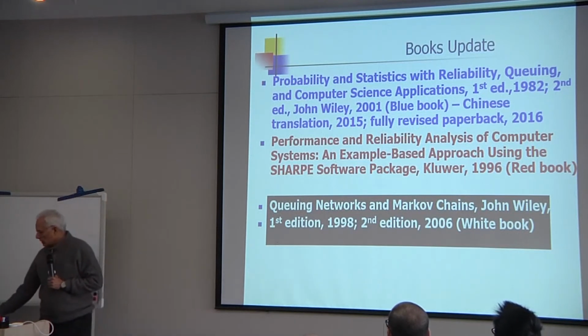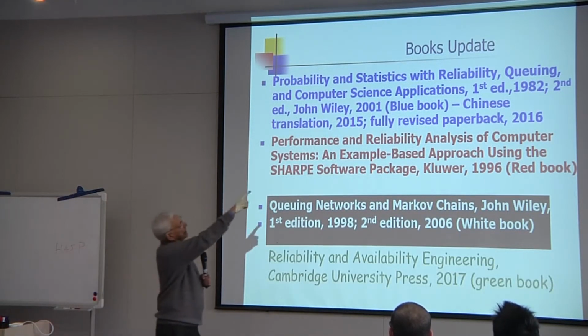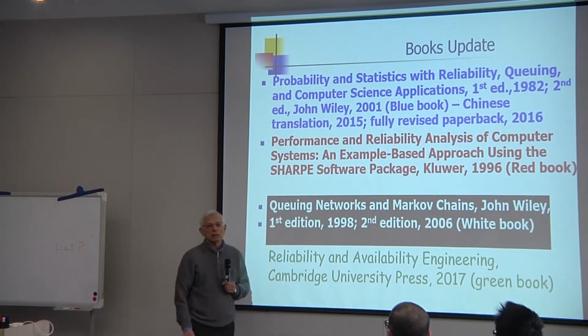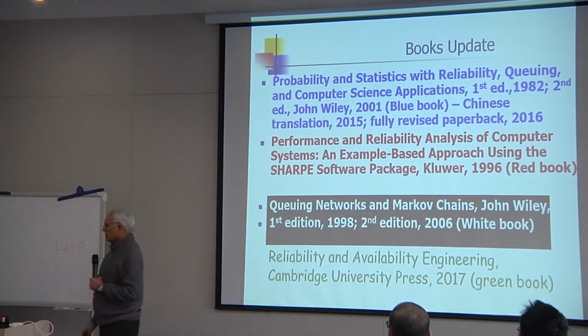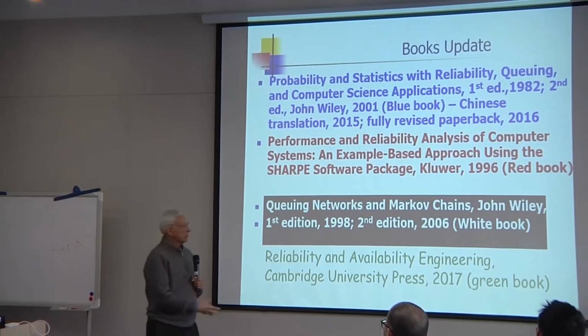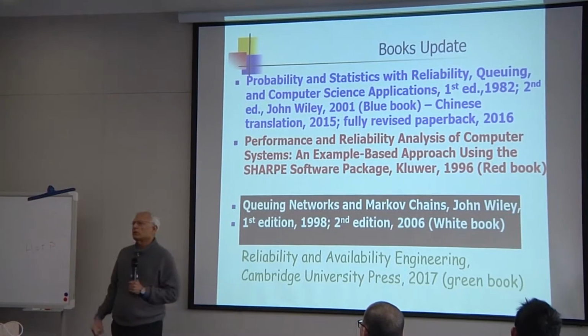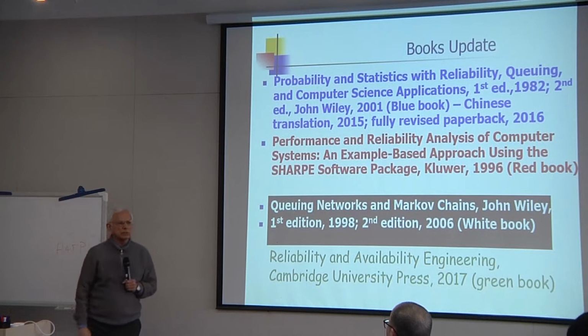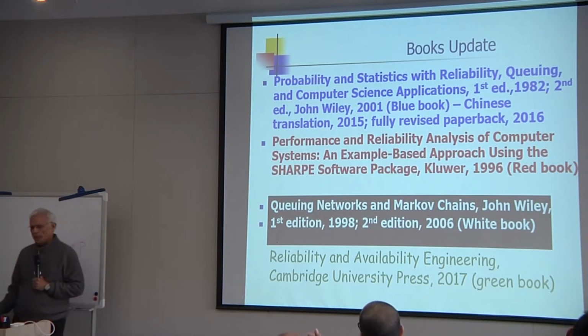And likewise, reliability is one of the topics in the basic book. Now this is a much more detailed treatment of reliability and availability with many real life applications in the book. So in fact, today's talk is more or less an overview of the book that I'm going to give you.